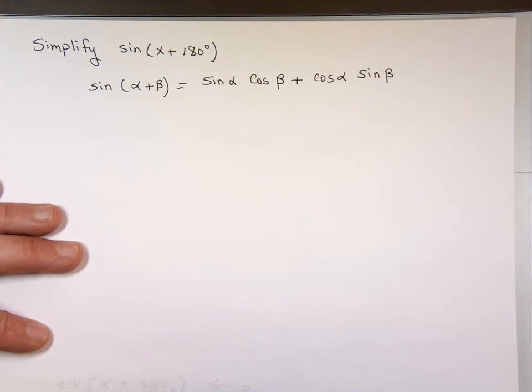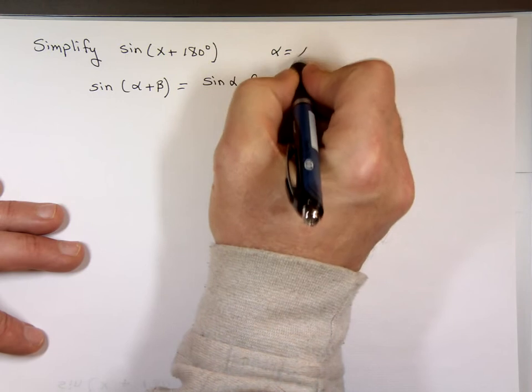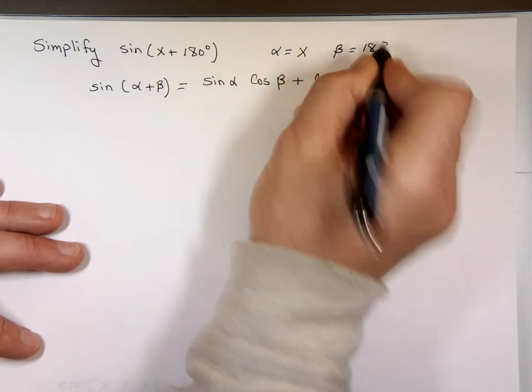So let's fill in the blanks. What's alpha in this example? Alpha is what? X, yes. And what's beta? 180. Put them in.